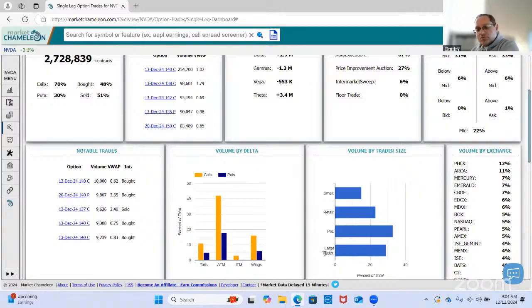There's volume from all types of traders yesterday. Maybe a bigger percentage of the volume the larger and proficient traders would be responsible for, but it does show that there's participation by all types of traders in Nvidia.